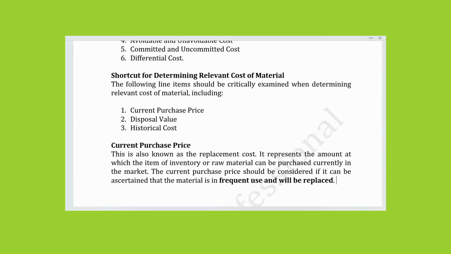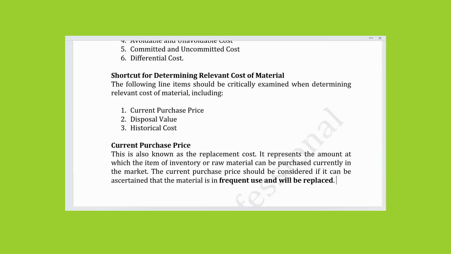All right. So if in a question the examiner has told you that the material is in frequent use and will be replaced, what we are saying here is that, like I mentioned earlier, when a company wants to produce a product, you are going to need material input. You will need raw material, right? Let's say you have been buying the raw material previously. The one you have in the warehouse or in your store will get to a point that it will be exhausted. So when you finish the one you have in the store, what do you do? You go to the market and buy.